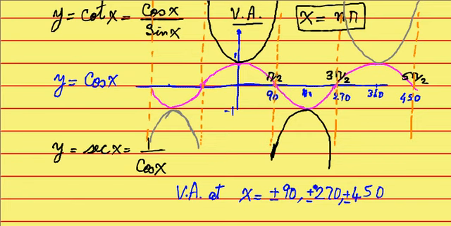I can't say these are all multiples of 90. Well, they are all multiples of 90, but there are other multiples of 90 at which nothing happens. Like at 180, I don't have an asymptote. So this is not 90, 180, and so on. These are so-called odd multiples of 90. This is 3 times 90. This is 5 times 90, and so on.